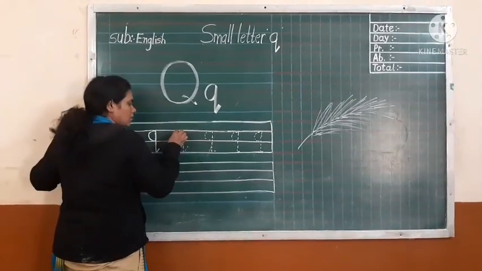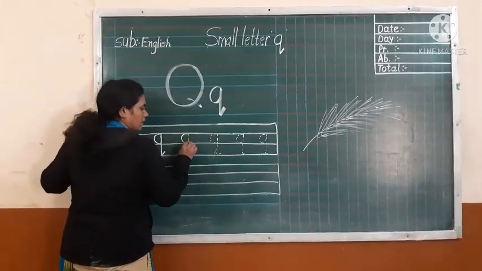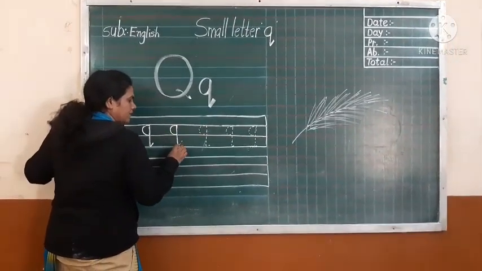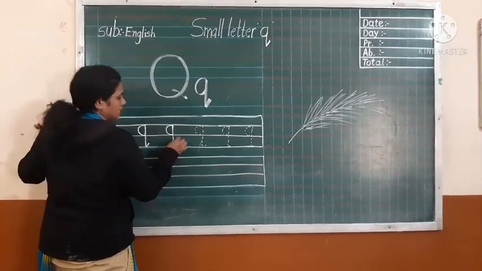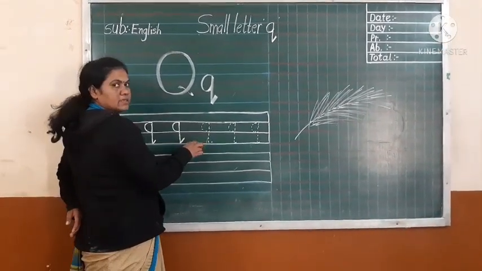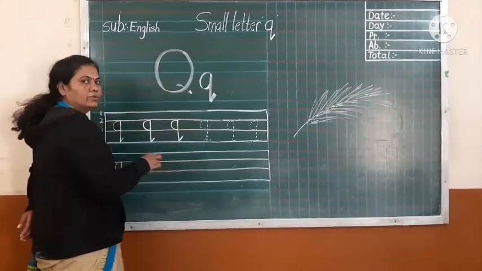Again, join the dots, little curve, up to down, join the dots, make standing line and little slant line. This way we have to trace small letter Q.